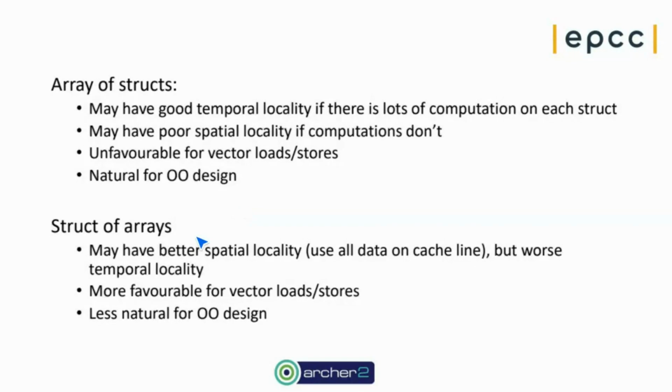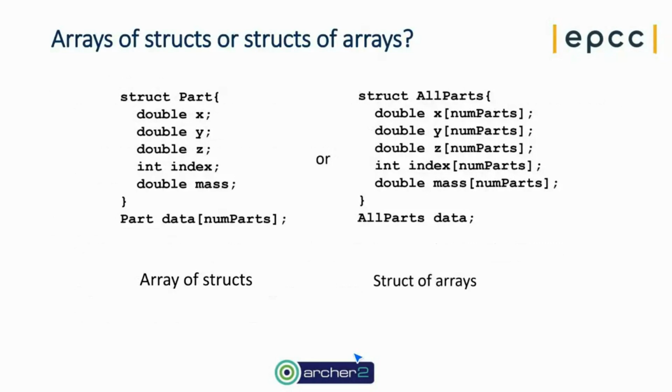On the other hand, the structure of arrays approach might have better spatial locality. Suppose we had a loop over all particles, and the only thing being accessed is the X, Y, and Z components and not the index or the mass.